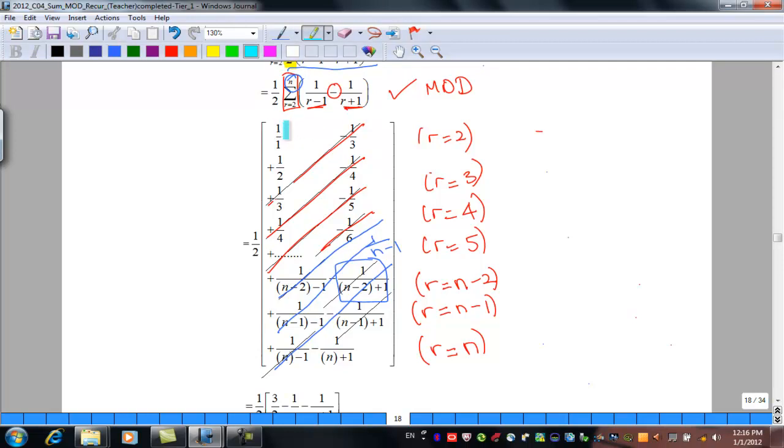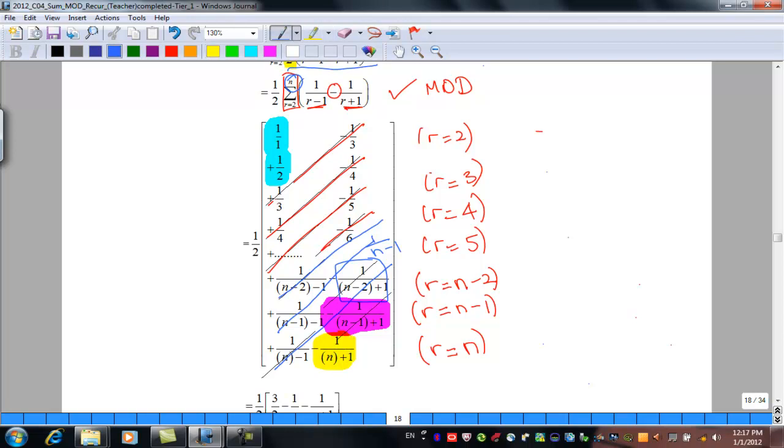From the top, let's scan through. This has not been cancelled, neither has this. And what about the next few terms? Observe that all the terms around here have all been cancelled, all the way up till this one. This one is actually not cancelled. Remember I told you earlier that it was an error. And also, the final term has not been cancelled.